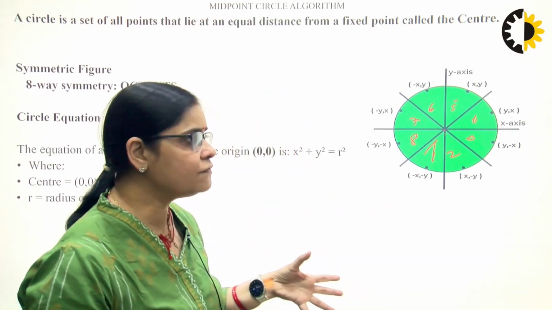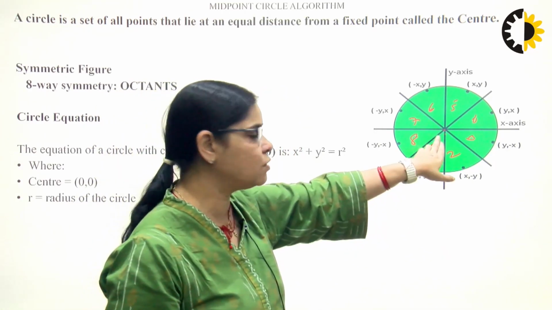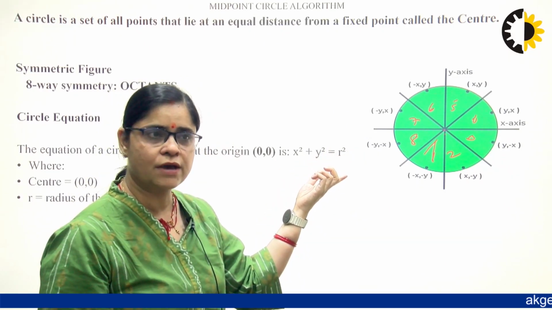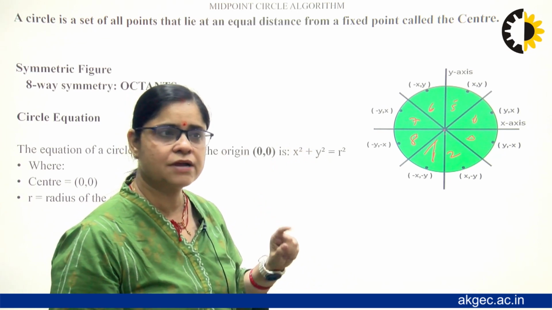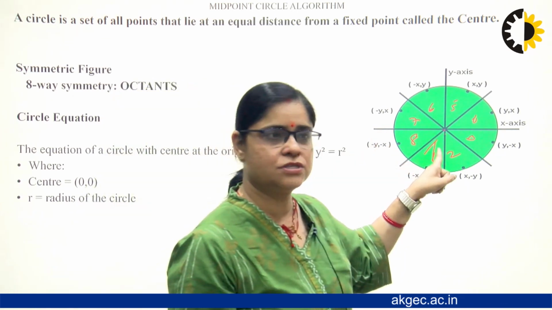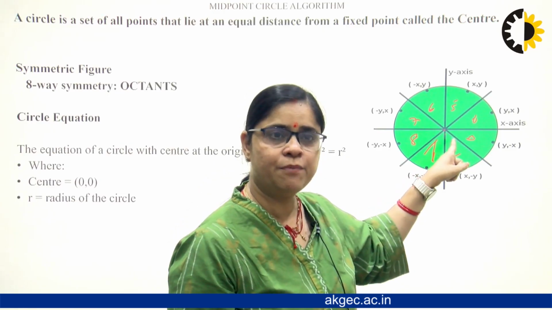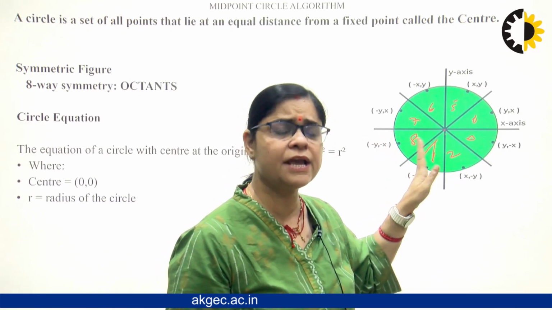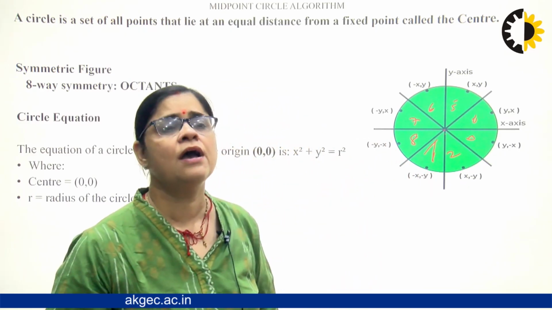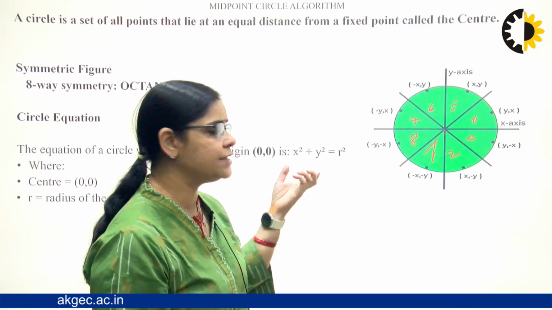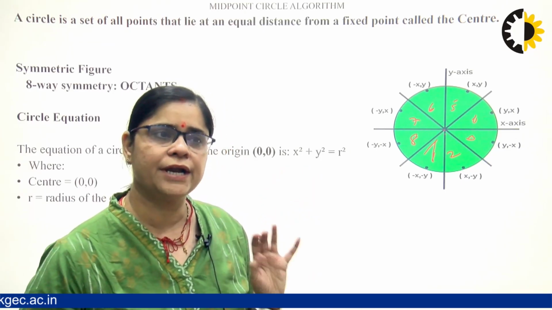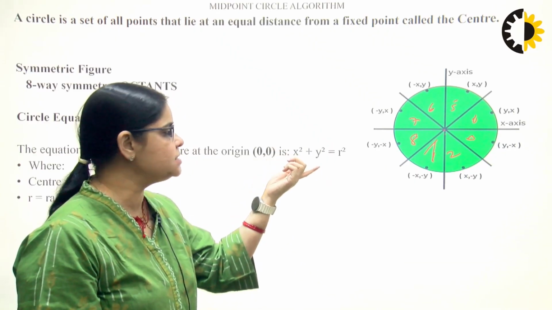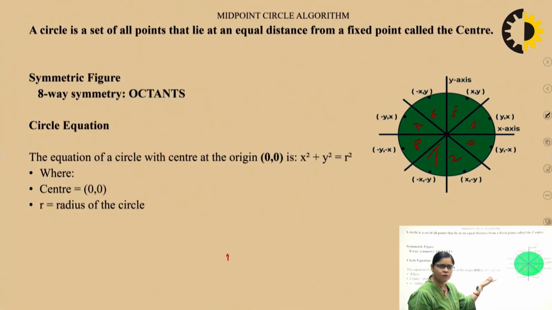So the equation of the circle with the center at the origin O is x square plus y square equals r square, where r is the radius. The center is always 0, 0, from both the x-axis and the y-axis, and r is the radius of the circle. That's why the equation of the circle is x square plus y square equals r square.